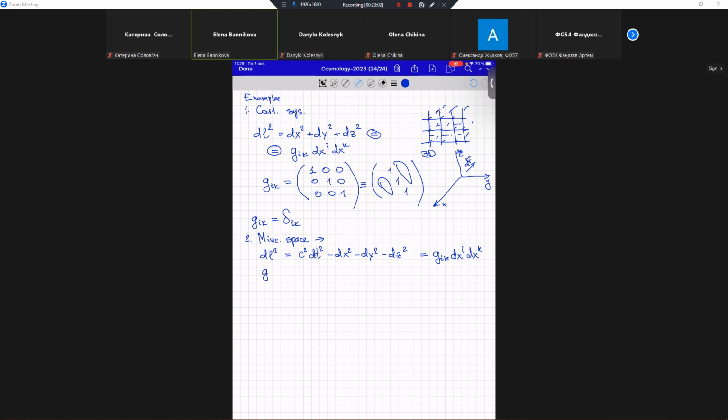If you put Greek indexes, it means the 4-dimensional case, so I need to write alpha, beta. It doesn't matter, it's just an agreement.